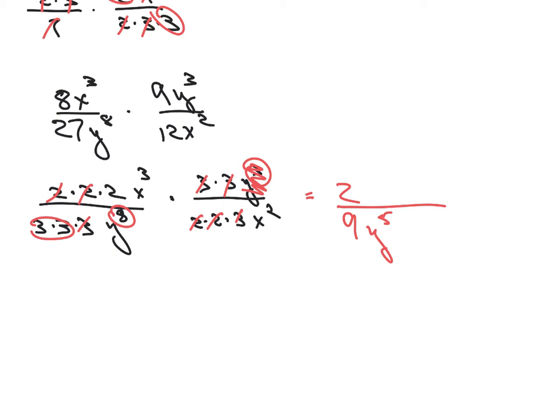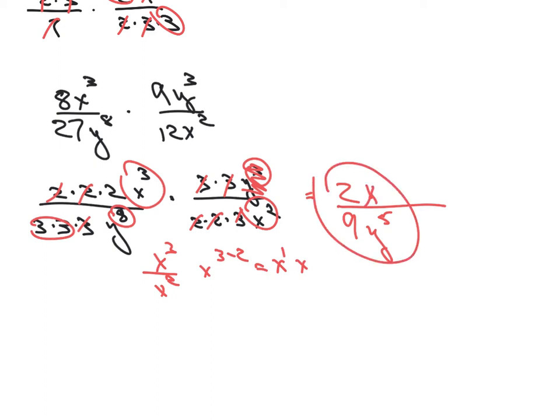Or if you do it the way we did it earlier, whenever you're dividing, like x cubed over x squared, which is what we have here, it's x to the 3 minus 2, which is x to the first, or just x. So that's where we got that x up there. I realize I'm going kind of fast, but hopefully that's just review for you, and you should be able to cruise through that pretty quickly.